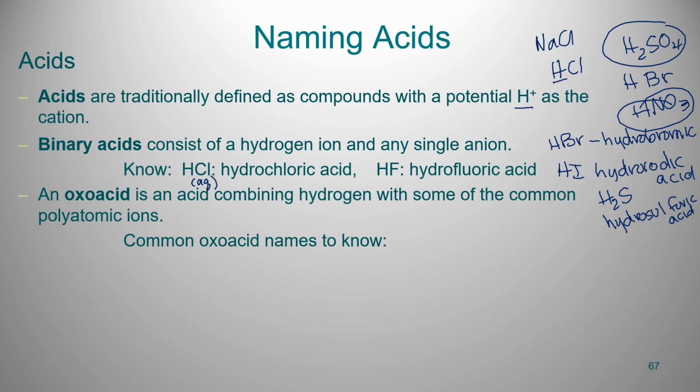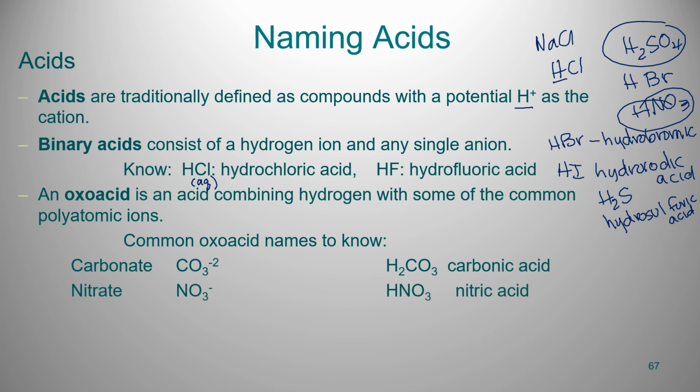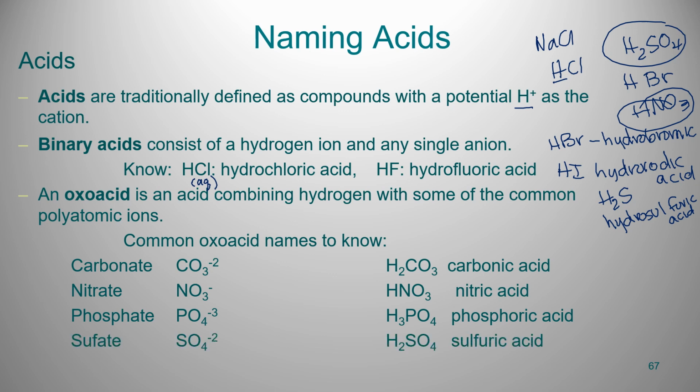I'll tell you the names of any others. If you have the hydrogen with the carbonate ion, it becomes carbonic acid. If you have a hydrogen with the nitrate ion, it's nitric acid. The phosphate ion becomes phosphoric acid, and the sulfate ion becomes sulfuric acid.